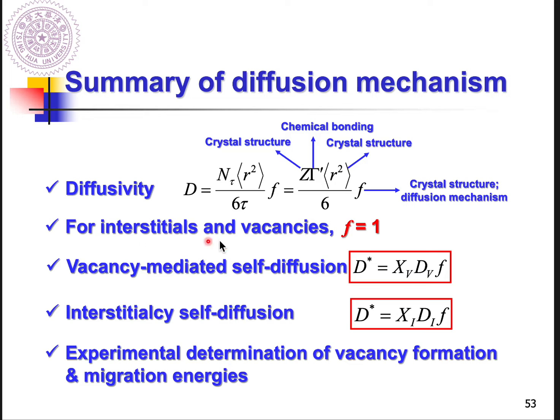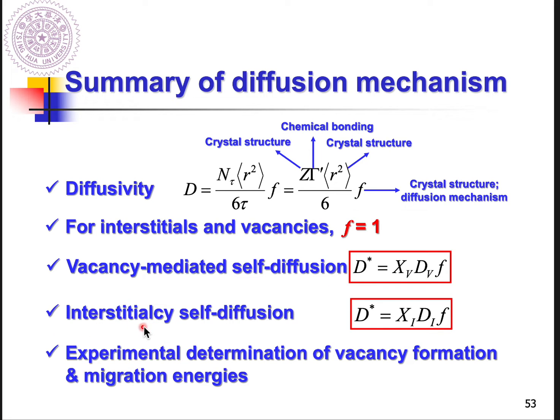For interstitials and vacancies, F equals 1. And don't forget, what is vacancy-mediated self-diffusion? It means that for the diffusing atoms, there must be a vacancy nearby, so that it will allow the atoms to diffuse. So the diffusivity can be expressed as XV, the vacancy fraction, times DV, the vacancy migration diffusivity, times F.